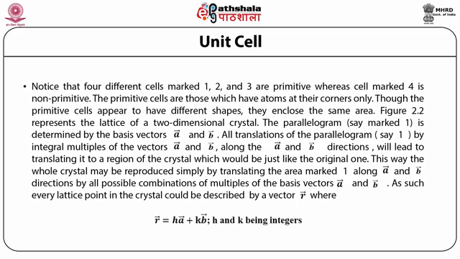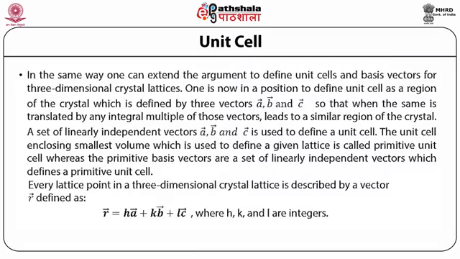As such, every lattice point in the crystal could be described by a vector R vector, where R vector is equal to H A vector plus K B vector, H and K being integers. In the same way, one can extend the argument to define unit cells and basis vectors for three-dimensional crystal lattices.